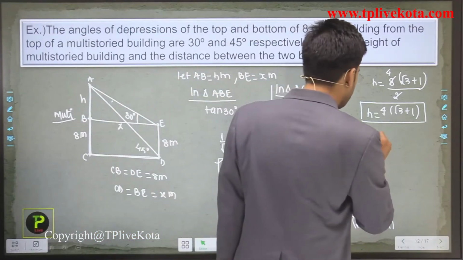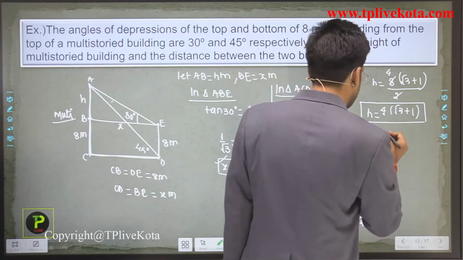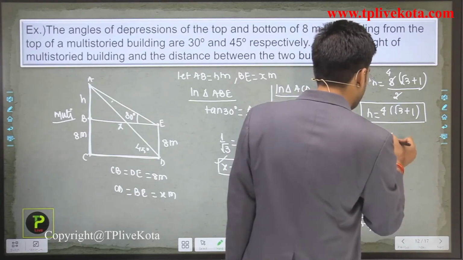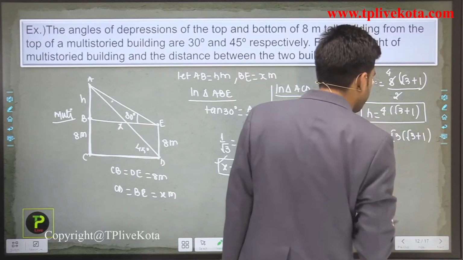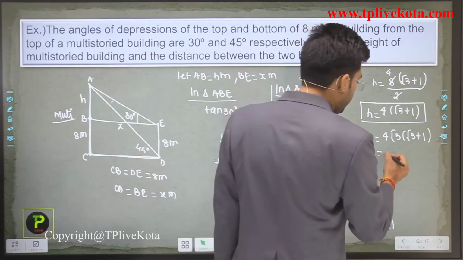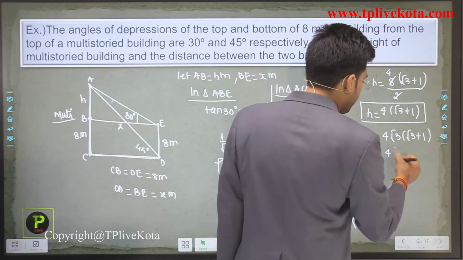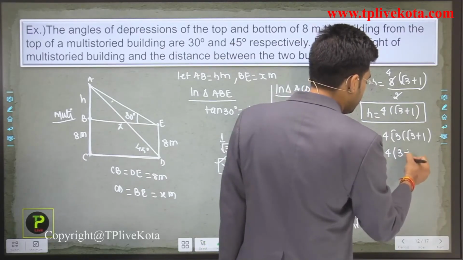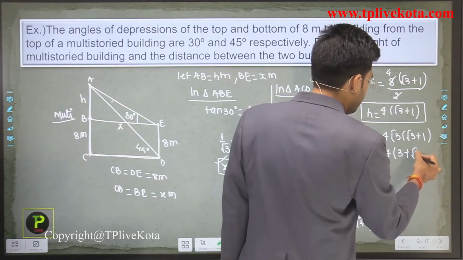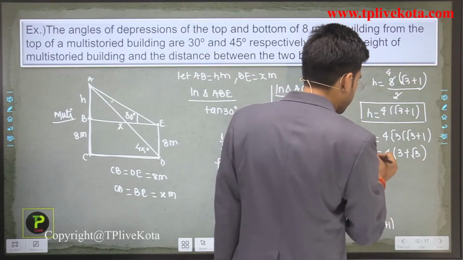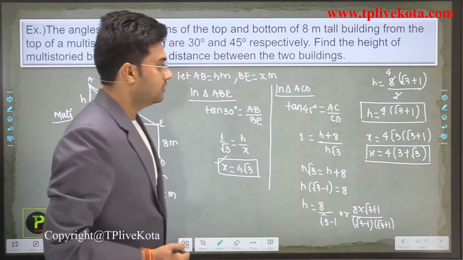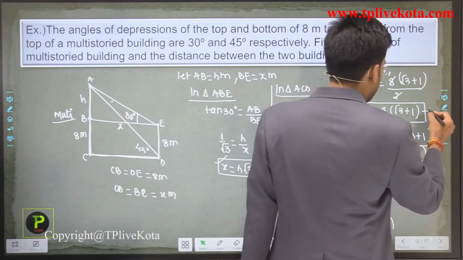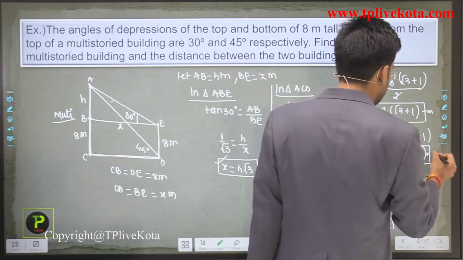X is 4 root 3 multiplied by root 3 plus 1, and when we multiply it, we get 12 plus 4 root 3, which is 4 times 3 plus root 3. So this is the value of X, and this is also in meter.